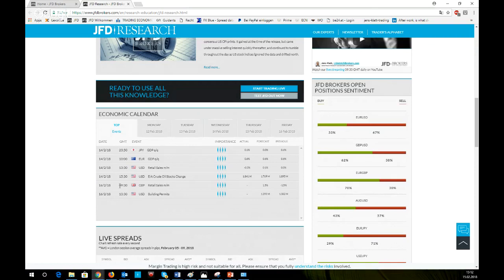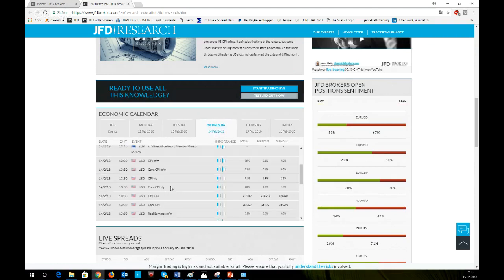I'm not saying that the GDP from Brazil is not interesting, but for traders, especially trading major markets like major currency pairs like Euro USD, dollar Japanese yen, or something like that, Brazilian GDP probably does not play such a big role. This economic calendar is really compact, bringing down the top events respectively.